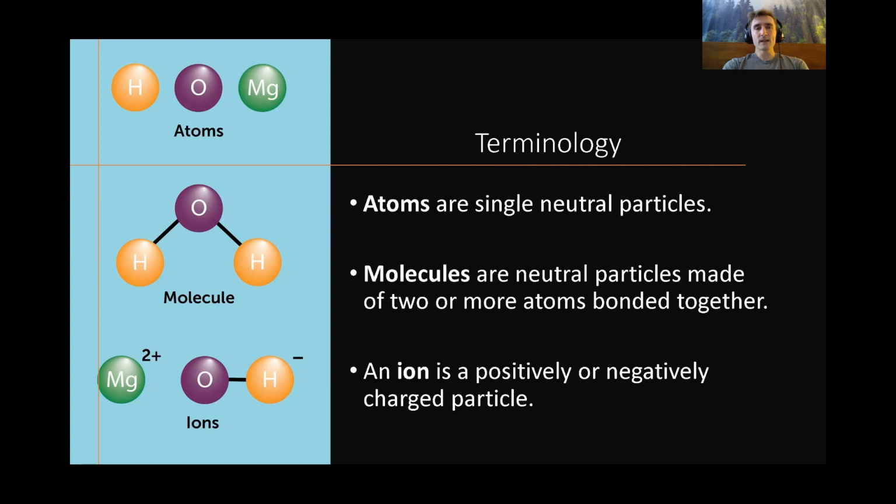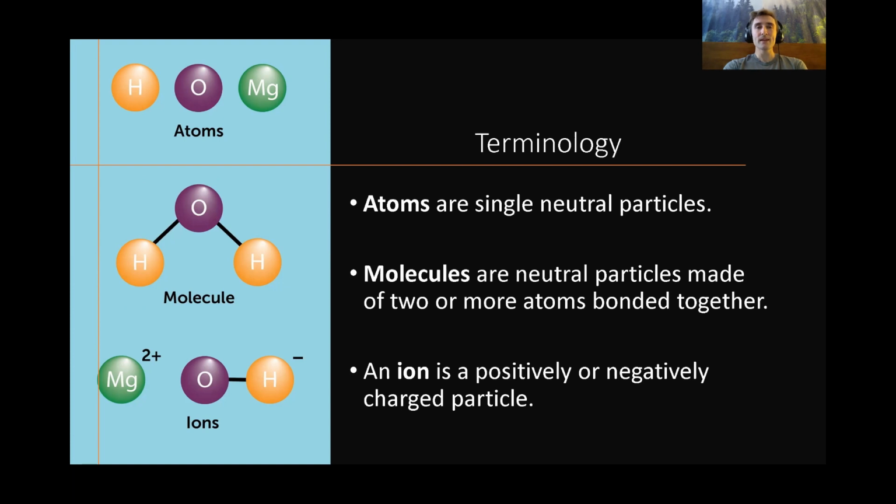But then we have a third category, a third terminology that you need to understand, and that is an ion. And an ion is a particle that is positively or negatively charged. So what happens is the electron will be removed from the particle, kind of stolen and taken to another molecule, or an electron will be absorbed as two atoms bond together.